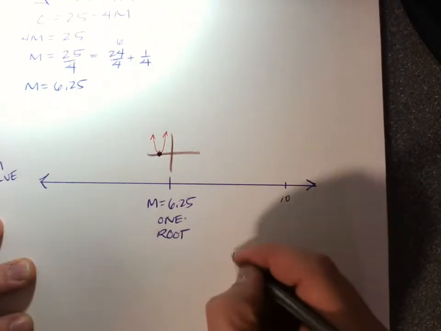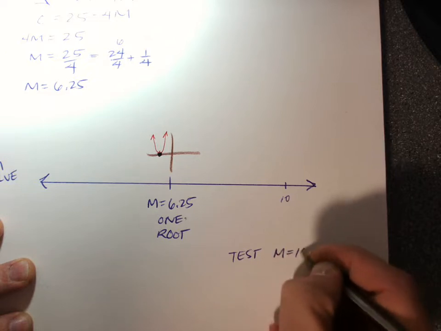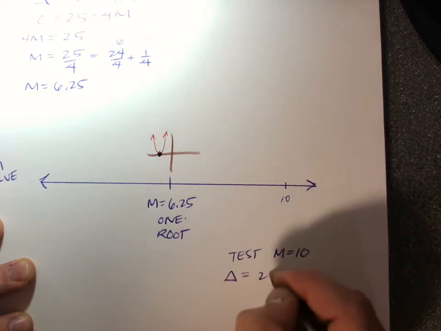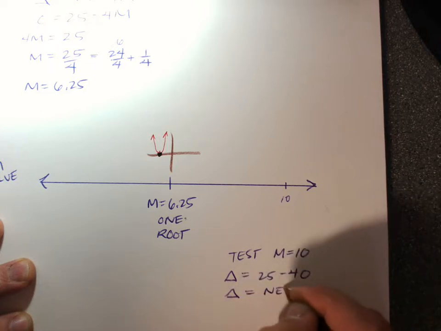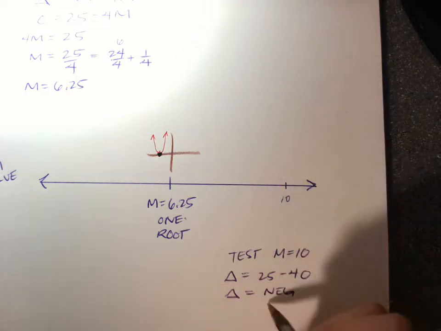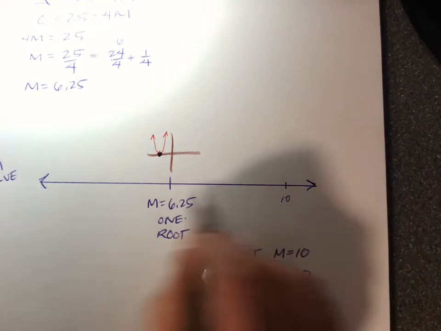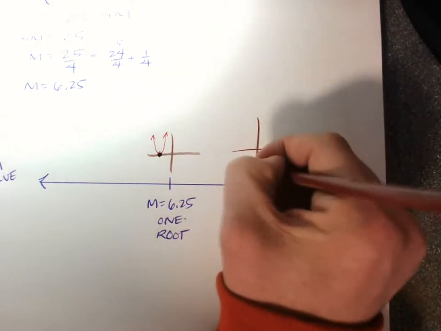And so if we test m is 10, delta is 25 minus 40. And again, I don't care what that is. That's a negative number. So what that tells us is that on this entire side of the number line for m, we have parabolas that don't have any roots.